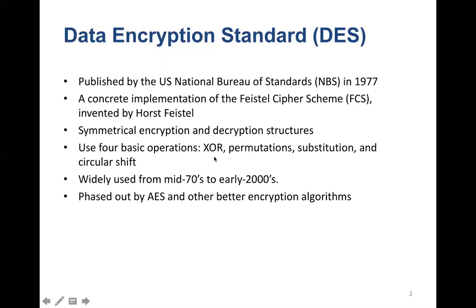So it uses exclusive OR, permutations, substitutions, and circular shifts. It was widely used from the mid-70s to the early 2000s. All the bank transactions were secure, encrypted using DES. And it was replaced in 2003 by AES. Okay.